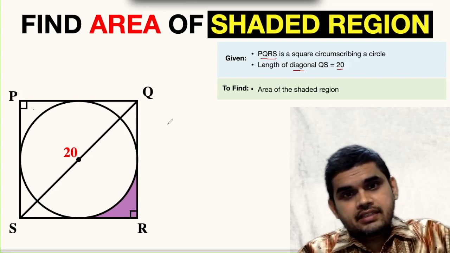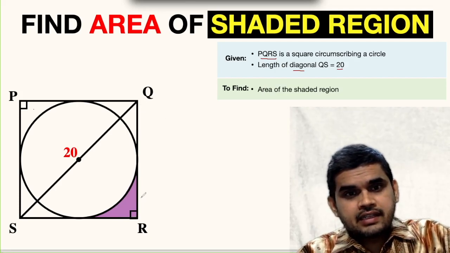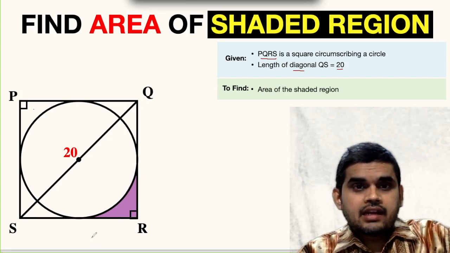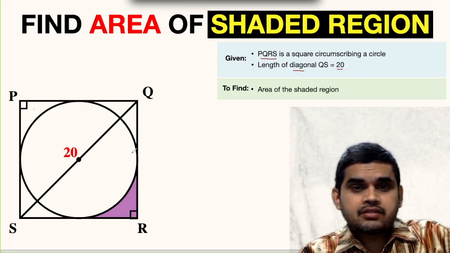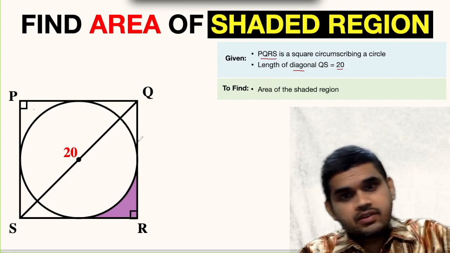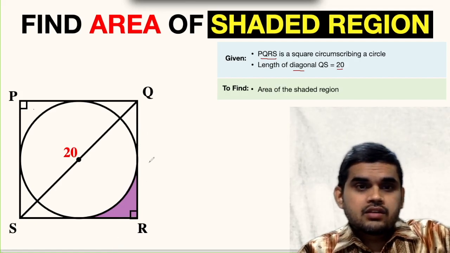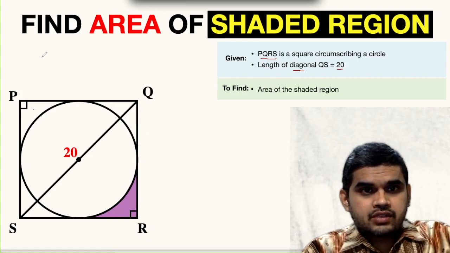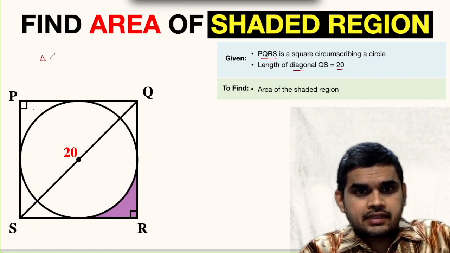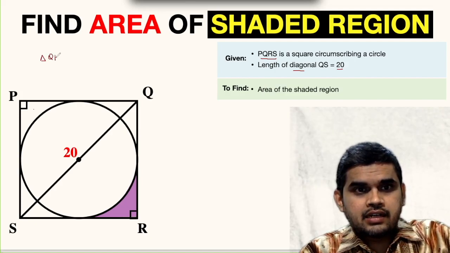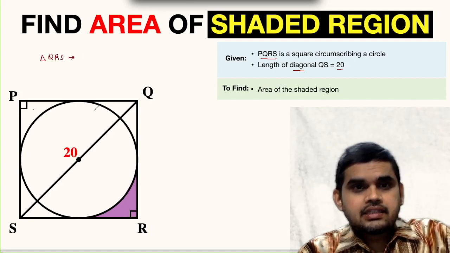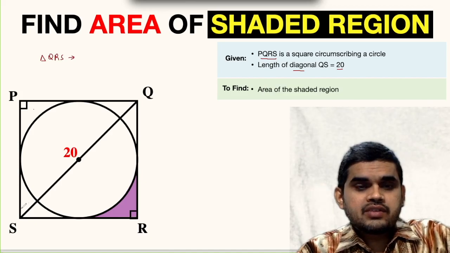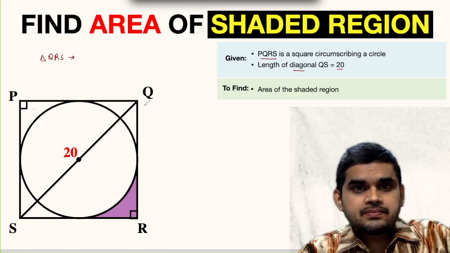The first thing is to find the area of this square, and we know that the area of a square is the square of its side, and we do not know the side. So let us focus on triangle QRS. This is the hypotenuse, so we can apply the Pythagorean theorem.